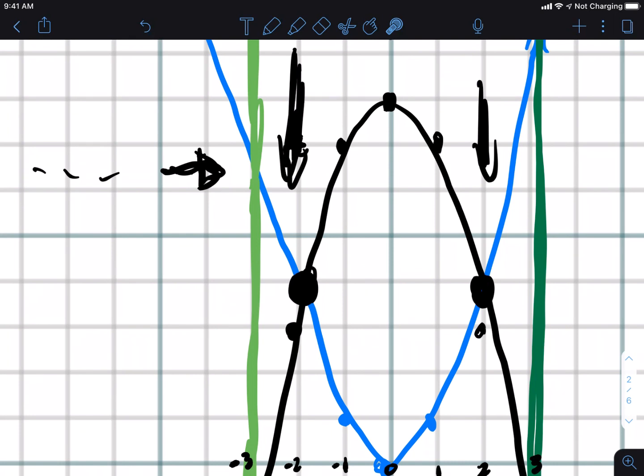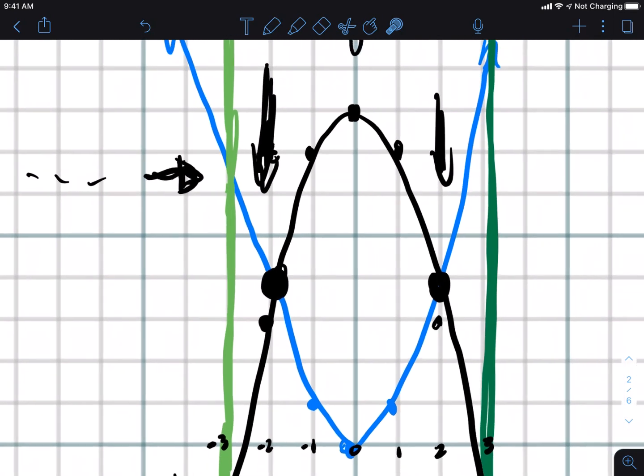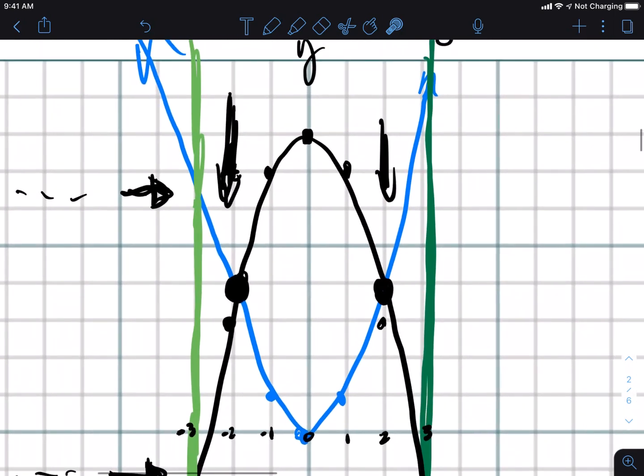Does that make sense to everyone? I kind of don't get that because you're talking about the black line, right? Well, I'm looking at this section right here. So if I'm looking at this section right here, what's on top? Is it blue or black? Oh, blue. And blue is the x squared. Got it. Right?